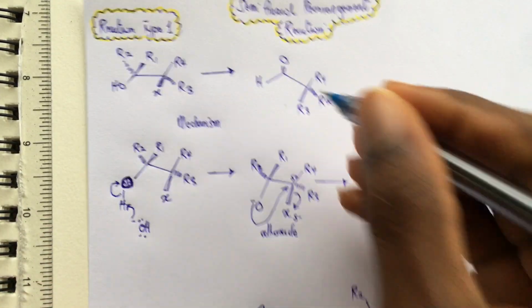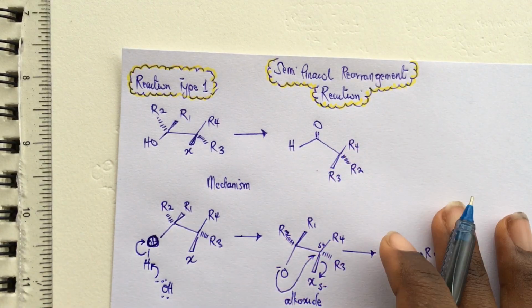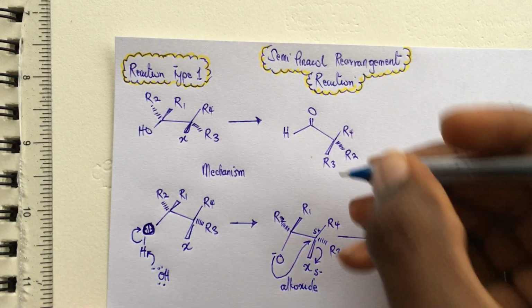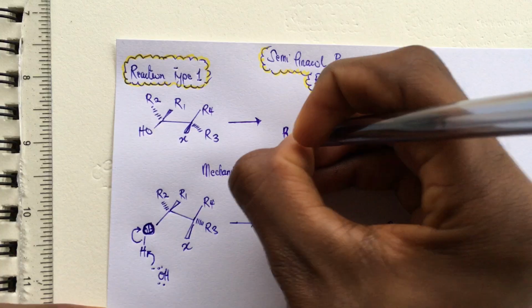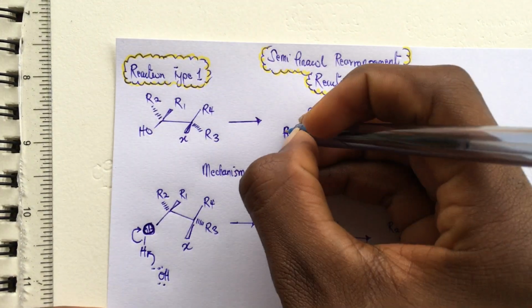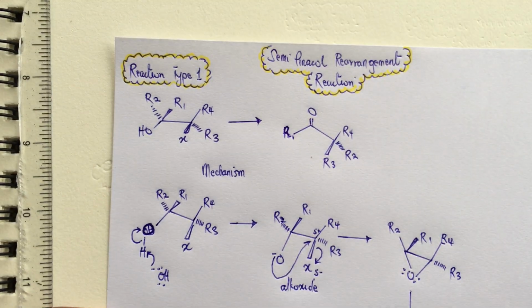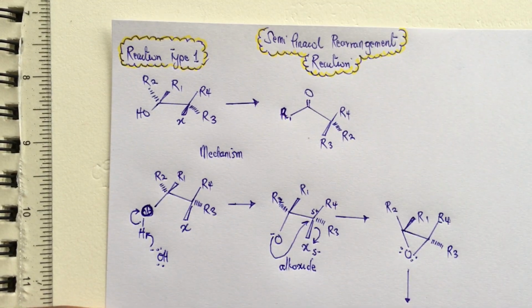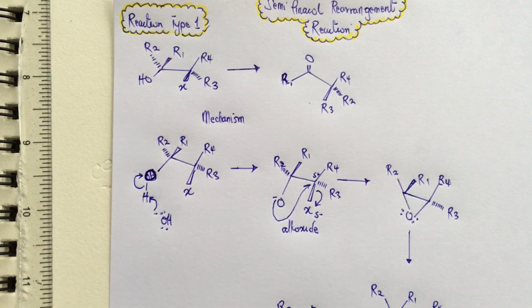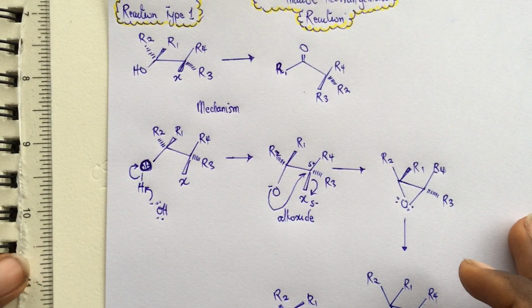Now this H can also be the same thing as our R1, so let's replace it with R1 from this side, because generally when you start solving questions and replace these R groups with the atoms itself, you are going to realize that one of them can be a hydrogen, so that we form our aldehyde, right?